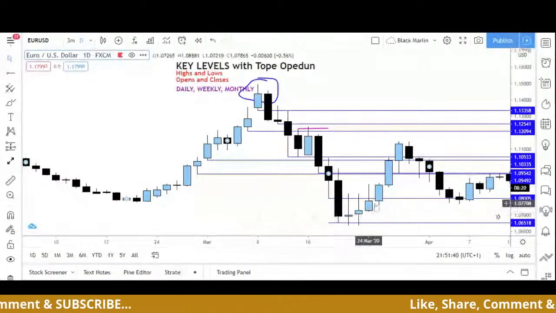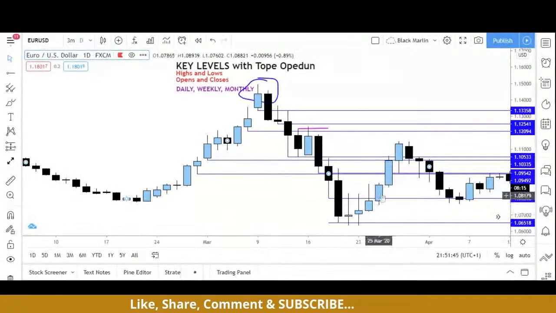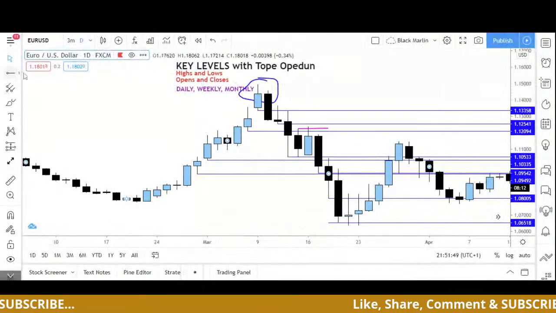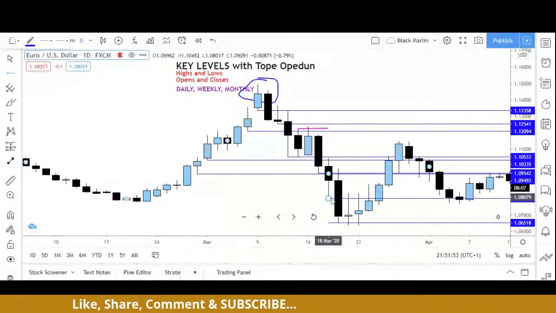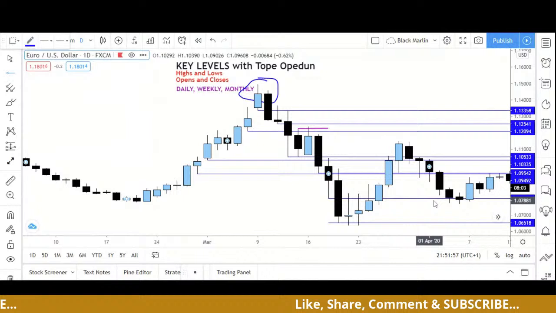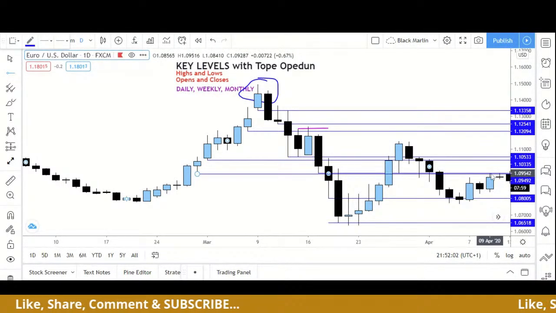Okay, and price now rallied up, and as it rallied up, it's creating new key levels. But I want to draw your attention to this. Look at this key level that was marked since 18th of March, okay? It was used a couple of times, but when this drop came back, they also used it as a springboard.